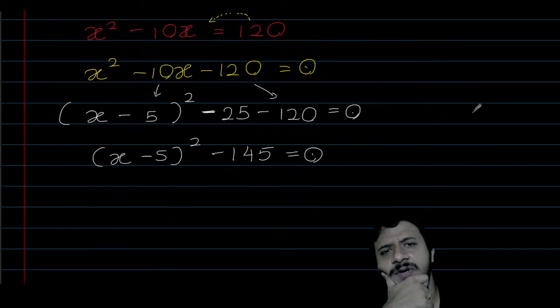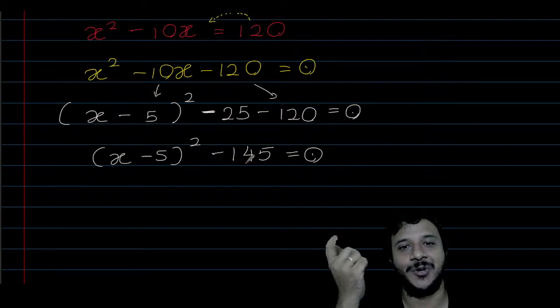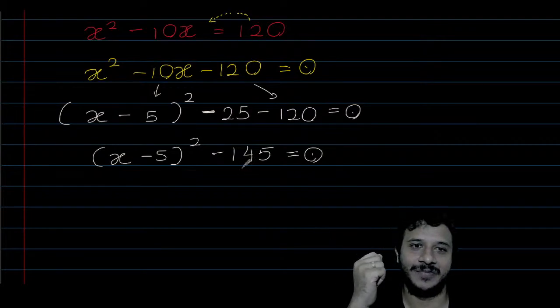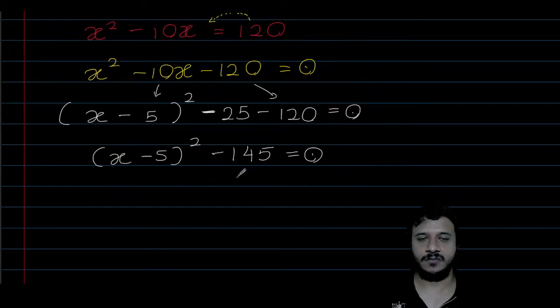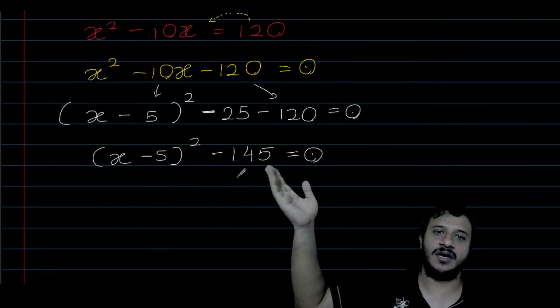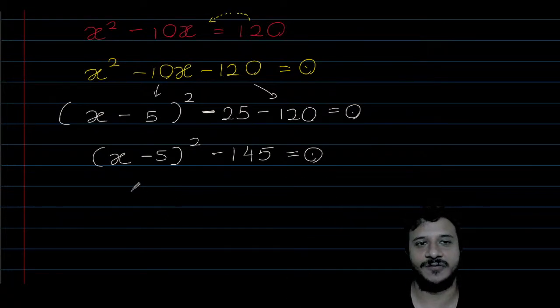Now let's think about what we need to do. This is already a complete square. Then what can we do? In this complete square, this negative 145 will come to the other side as a positive 145.